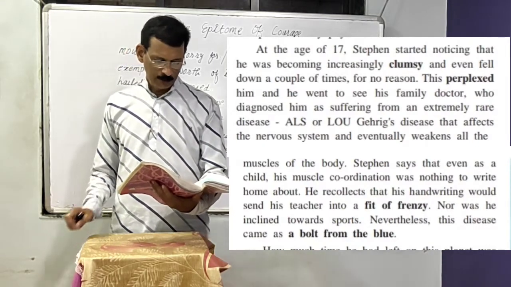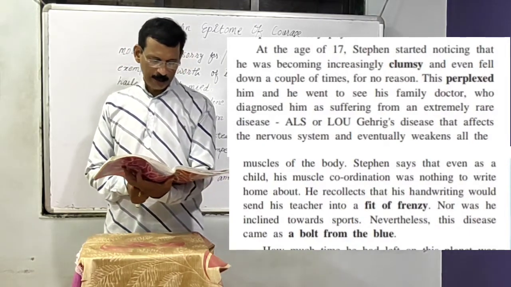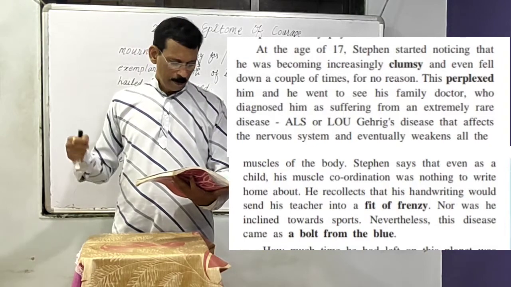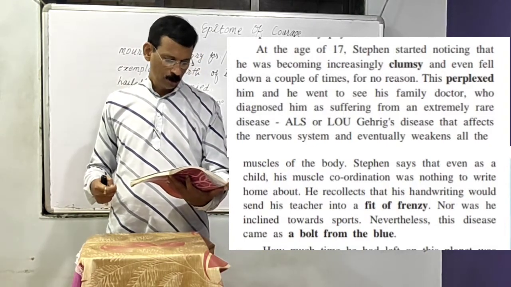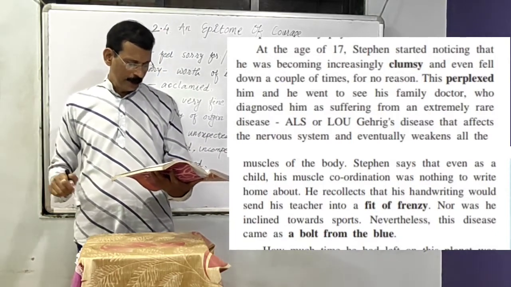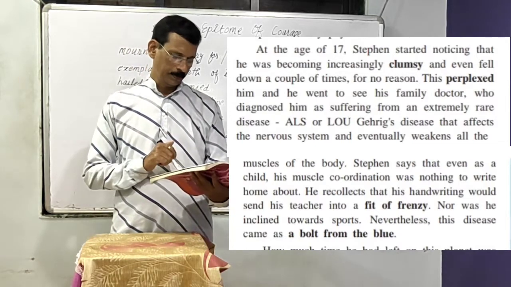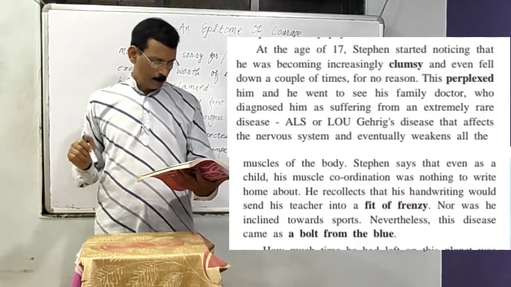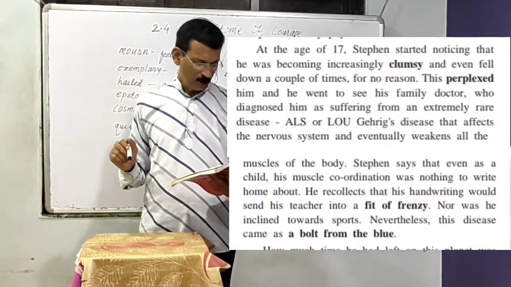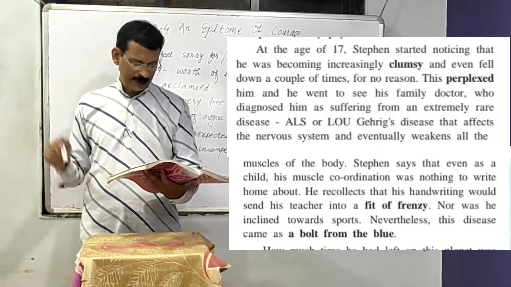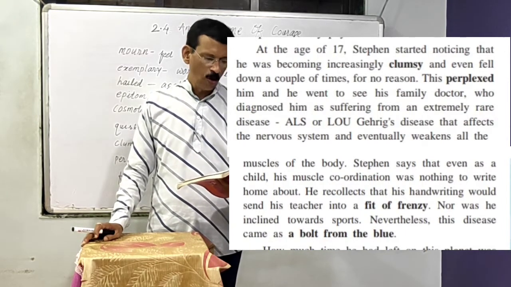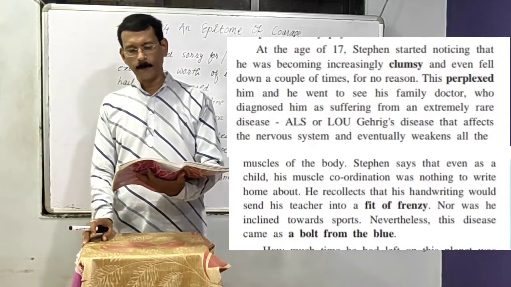At the age of 17, Stephen started noticing that he was becoming increasingly clumsy and even fell down a couple of times for no reason. This perplexed him, and he went to see his family doctor, who diagnosed him as suffering from an extremely rare disease, ALS or Lou Gehrig's disease, that affects the nervous system and eventually weakens all the muscles of the body.